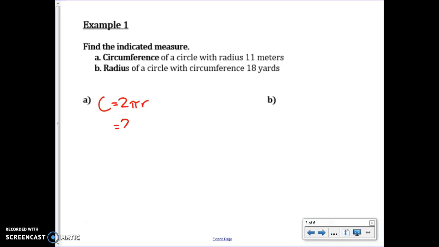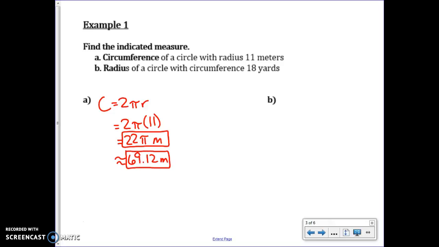So 2 times pi times that radius of 11, and I get 22 pi meters. Now, if we're asking for an exact answer, that's it. If it wants an approximate answer, though, we put that in our calculator, and we get about 69.12 meters.